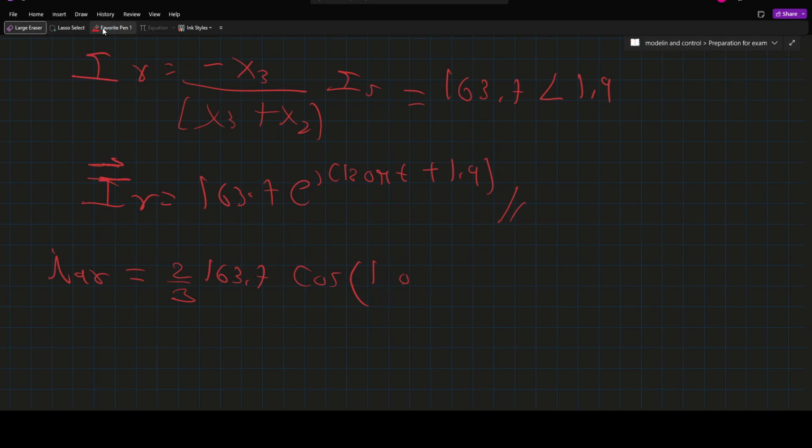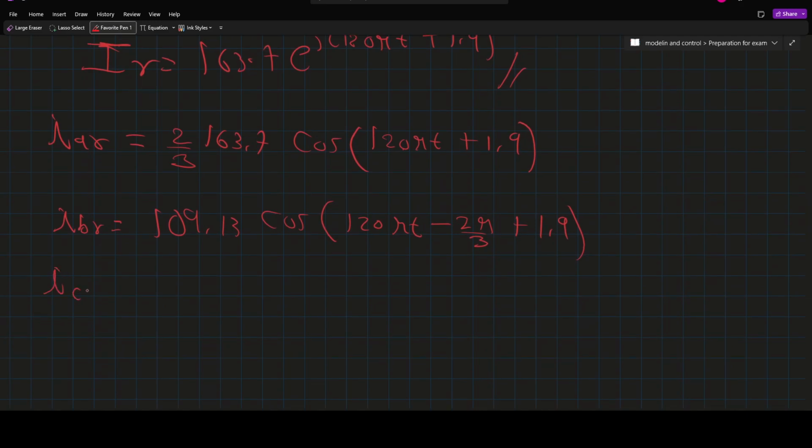But here we're working with 60, so this is 120 pi t plus our angle. And our current in B is going to be, for this multiplication, cos omega t minus our 120 shift plus our new angle.